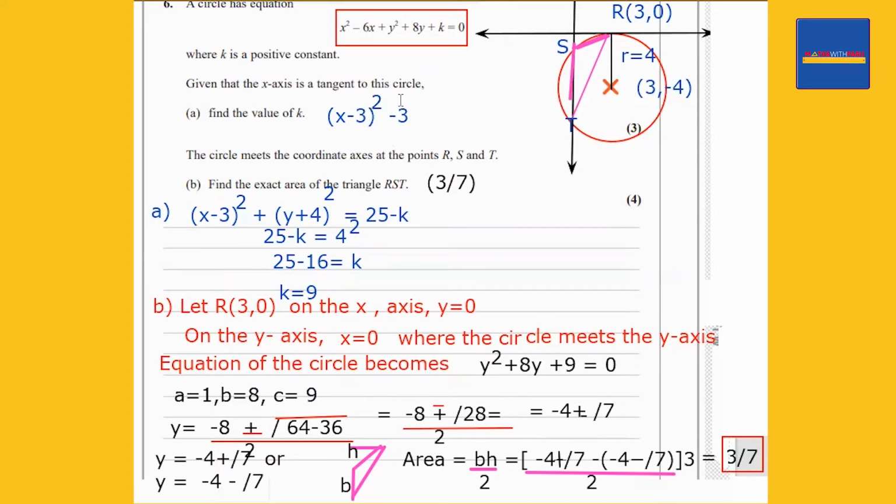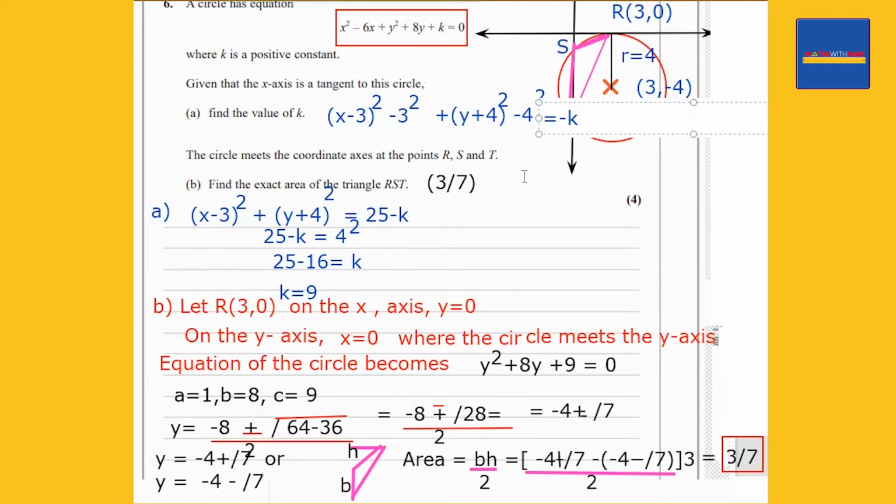Then the next thing would be to complete the square for y squared plus 8y, which would be y plus 4, the whole thing squared, minus 4 squared. And then we're left with a k, which I'm going to take to the other side for the time being. So that will be equal to minus k.